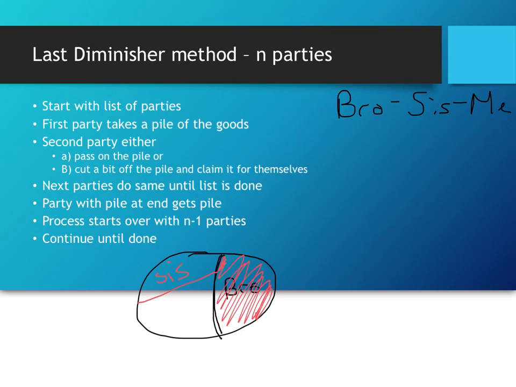So the process just keeps going on and on until all of the parties are done. Okay. So that's the last diminisher method. And if everyone's being fair, meaning if everybody isn't trying to game the system, if everybody is actually looking for 1/3 of the loot, then the last diminisher method will give everybody their fair share. Okay?